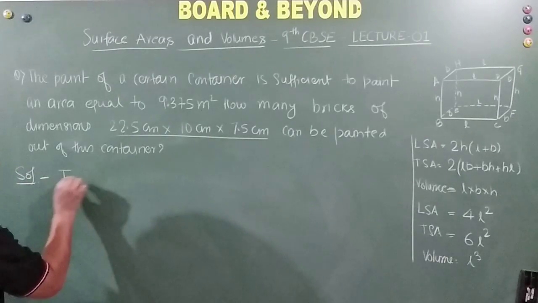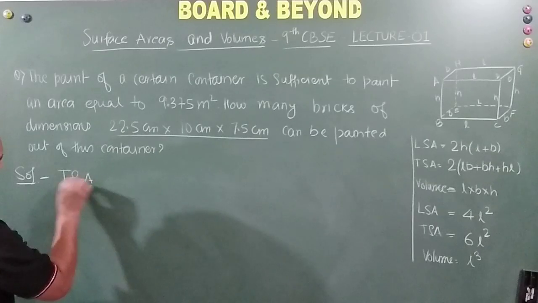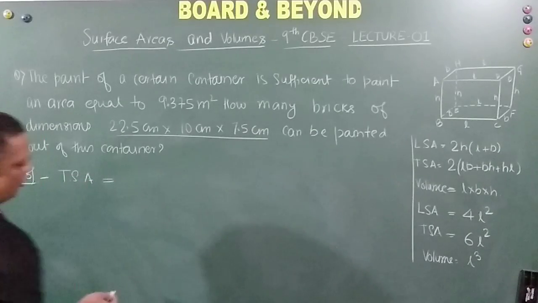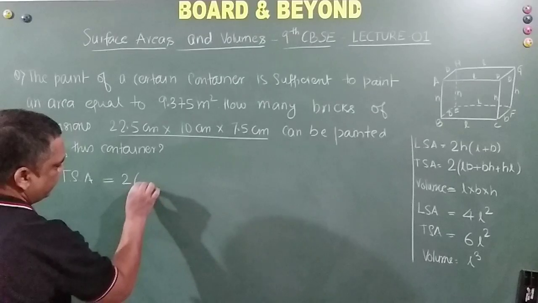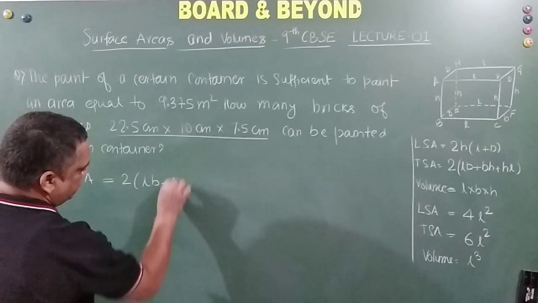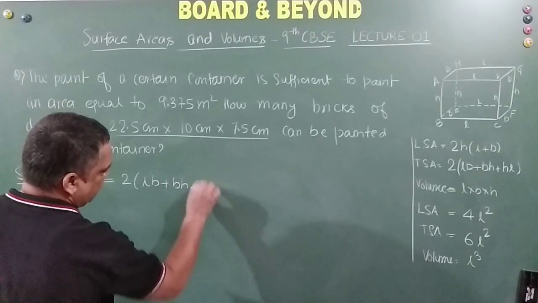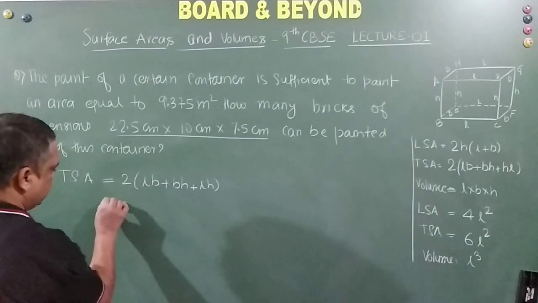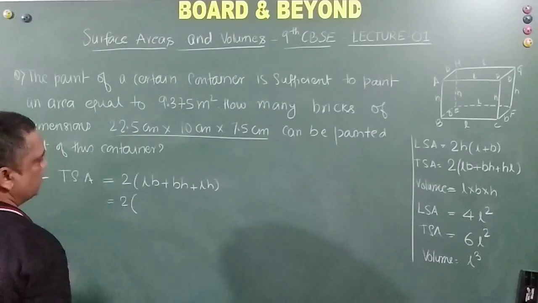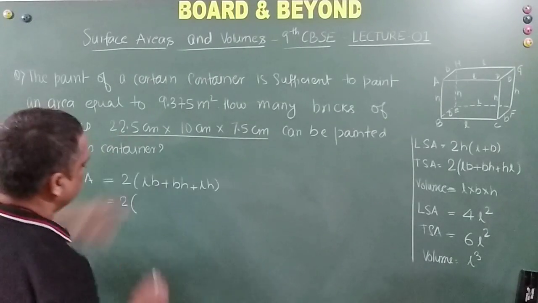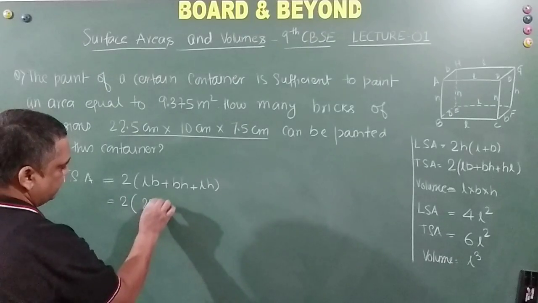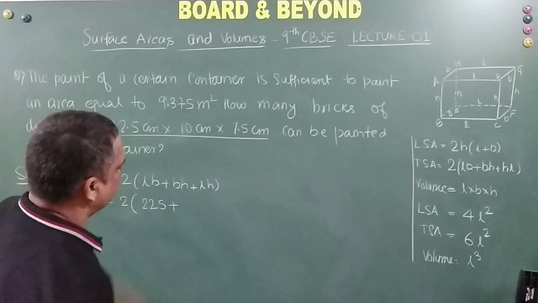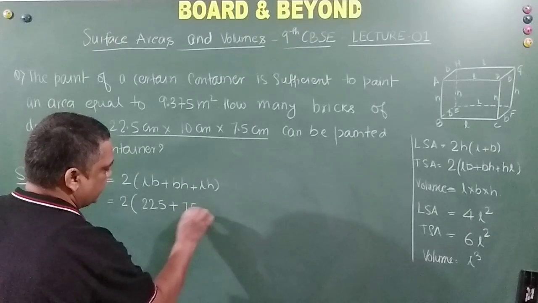So TSA, total surface area of brick, will be how much? 2 into LB plus BH plus LH, because the brick is a cuboid. So this is nothing but 2 into L into B, this into this is nothing but 225. Do we all agree to it? Then BH, this into this, that is equal to 75.